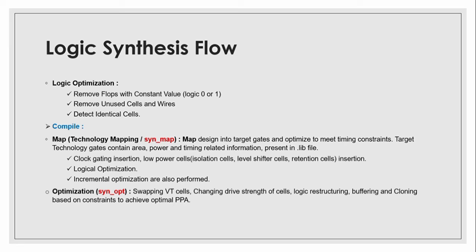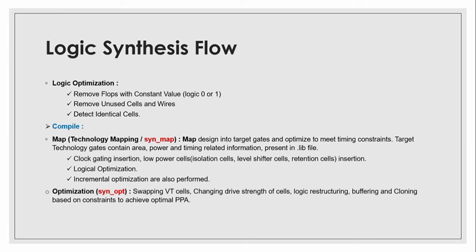Here at this stage we see the clock gating insertion. As we convert all the generic cells to target based cells, we look at clock gating, and I'll make a separate video on clock gating as well. Previously we used to have only one AND gate, but now we use many different forms of clock gating cells.